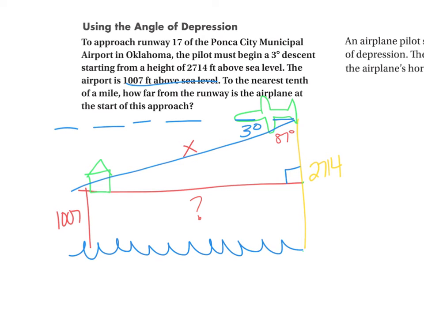That's all we need to know, from here to here. To figure that out, you have to do 2,714 minus 1,007. So that would be this side right here, what is that? 1,707, okay? So I'm going to disregard that number for now. So we know that adjacent side is 1,707.